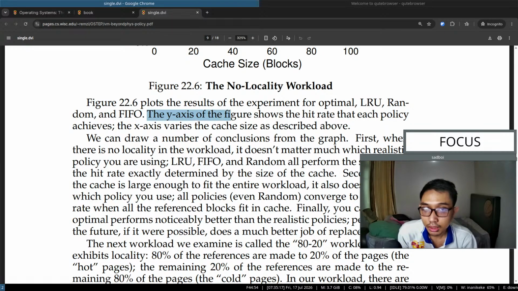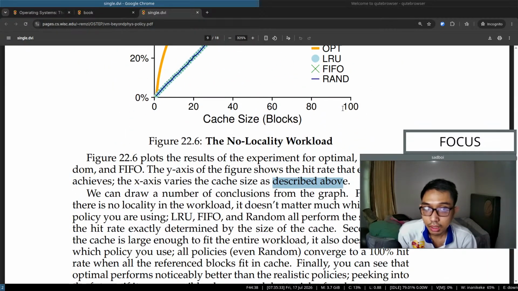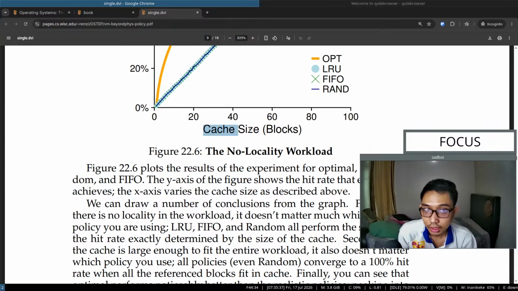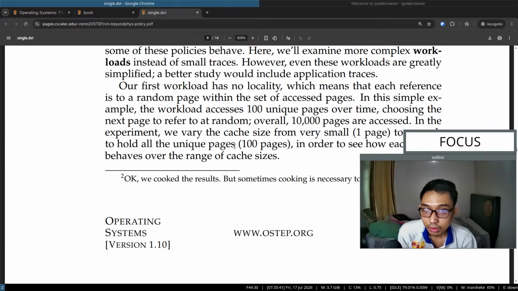The y-axis of the figure shows the hit rate that each policy achieves. The x-axis varies the cache size as described above. 100 cache size, I guess. Again, all the unique pages, right?